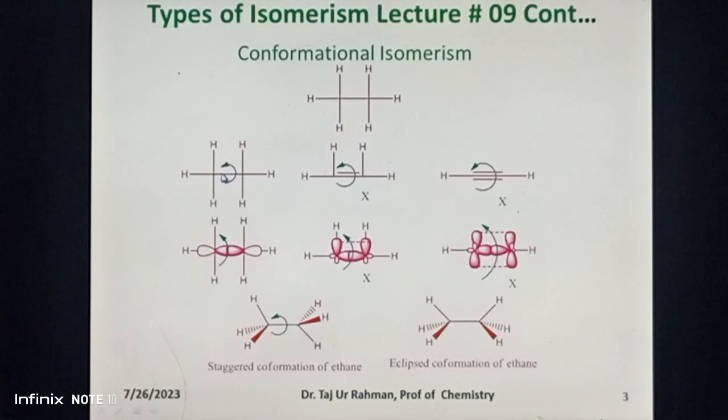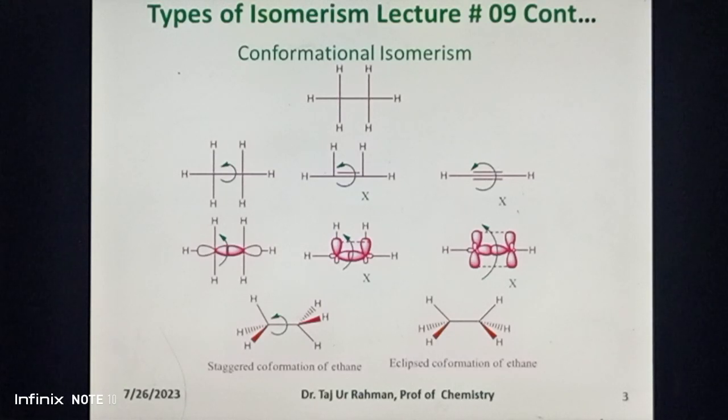These different arrangements of atoms caused by rotation around a single bond are called conformations, and a specific structure is called a conformer or conformational isomer or simply rotamer. These conformers are not isolable as they have low torsional strain or torsional energy and are easily interconvertible to each other.